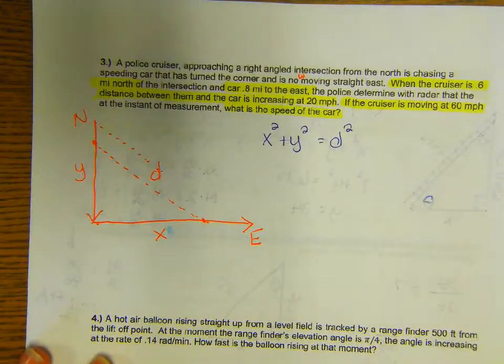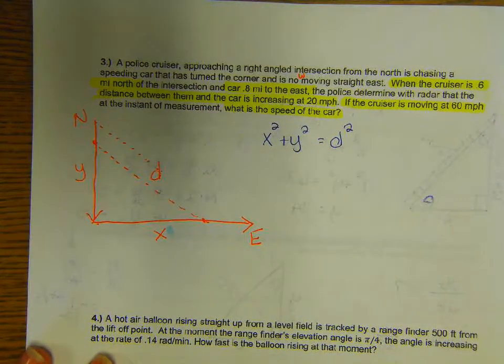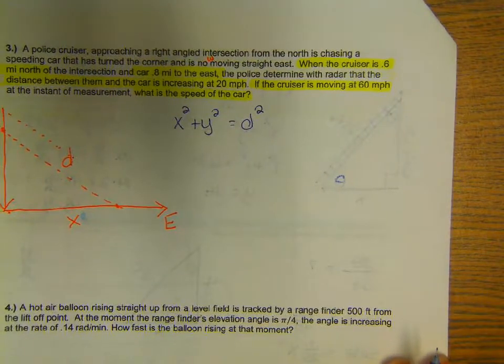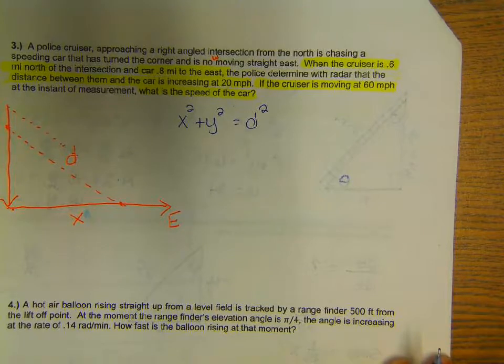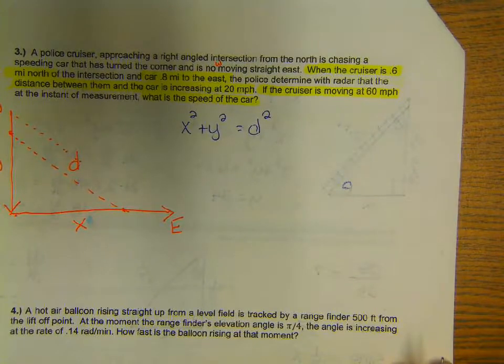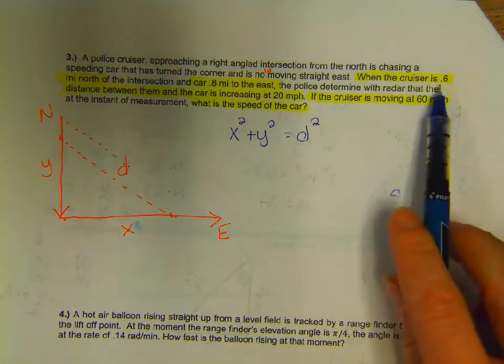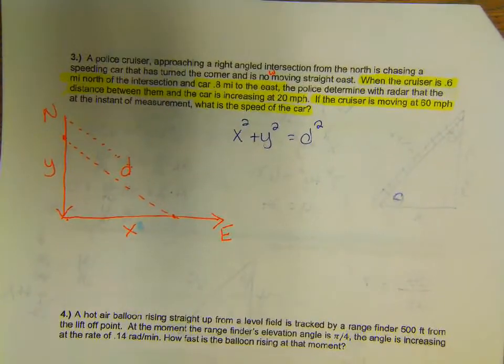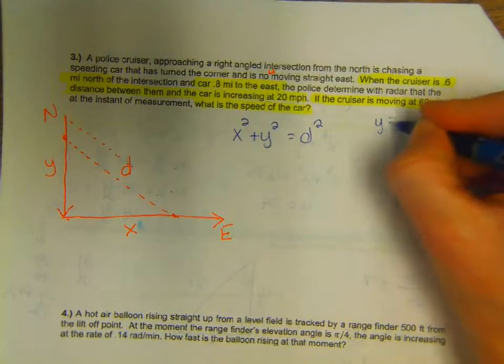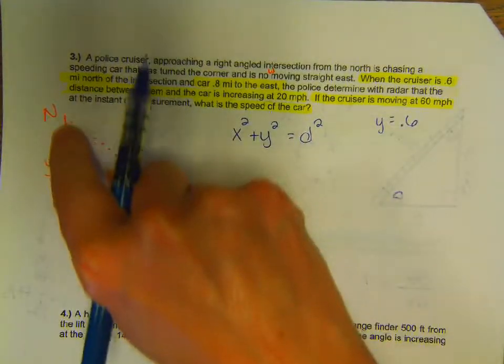Now, because we're dealing with rates of change, we're going to take the derivative. But before we do that, let's write down what we know and what we don't know. What is y? Now I don't put y in right now, because is y something that's going to change?